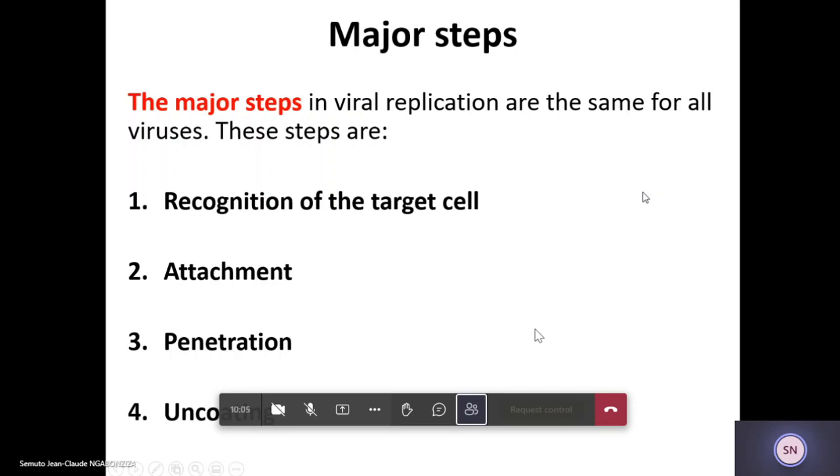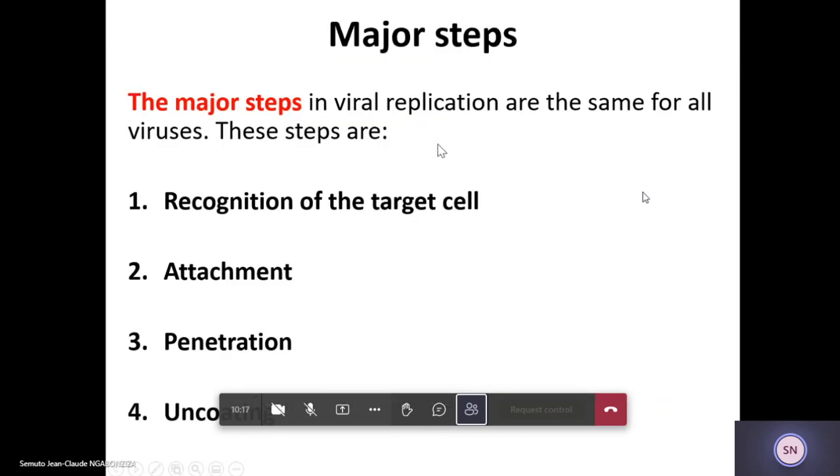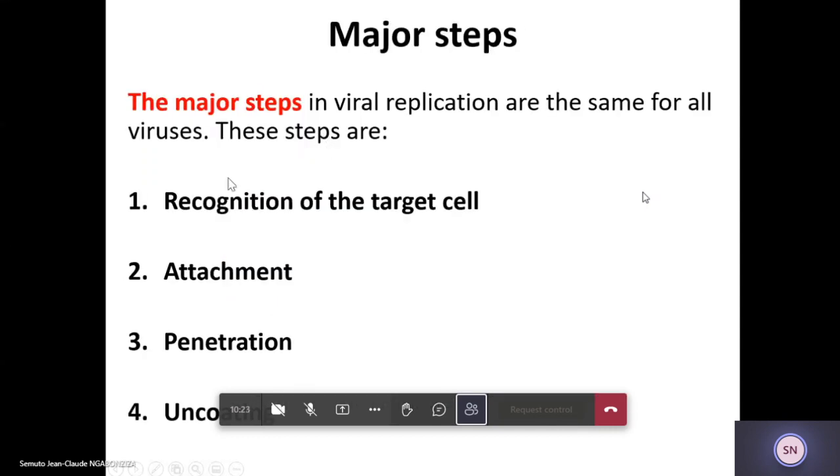Sorry, this is the updated slide. The major steps in viral replication are the same for all viruses. And as we said, there are seven steps. We go step by step, but first, the virus has to recognize the target cell.